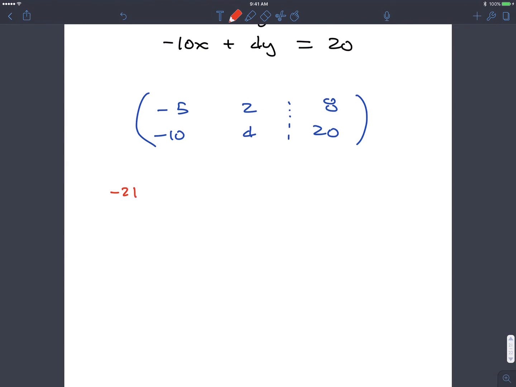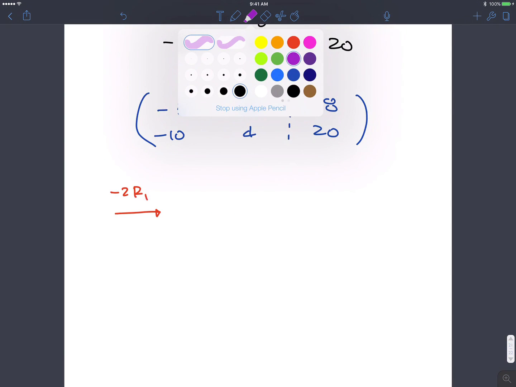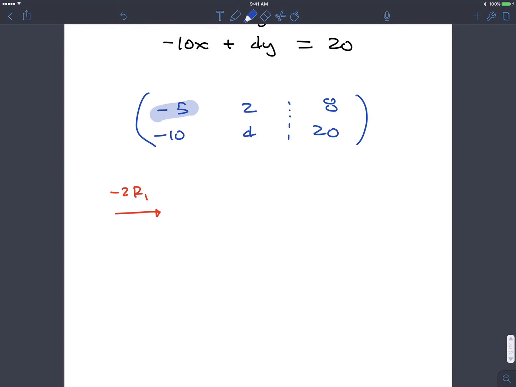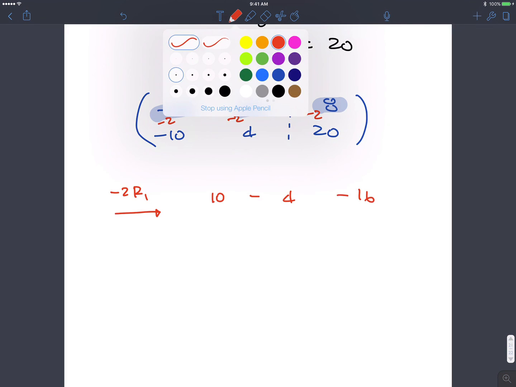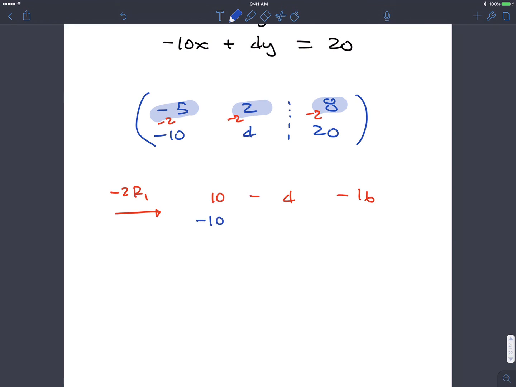So -2 multiplied to row 1. Notice what will happen. Every entry here, -10, +2, +8, we get multiplied by -2. I get 10, -4, -16. And I get -10, 4, +20.